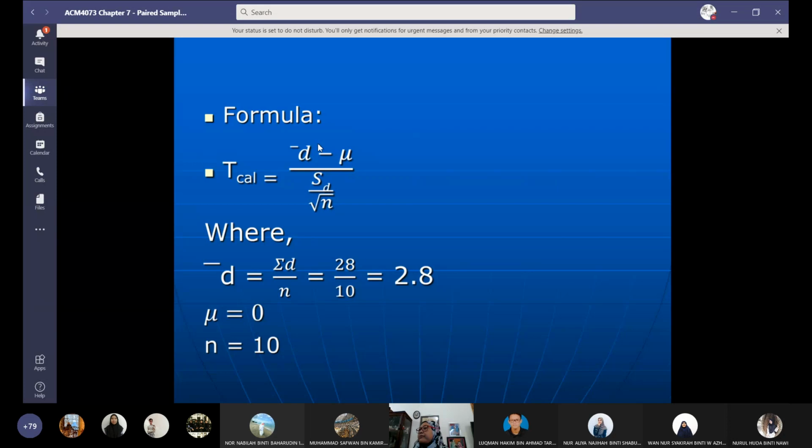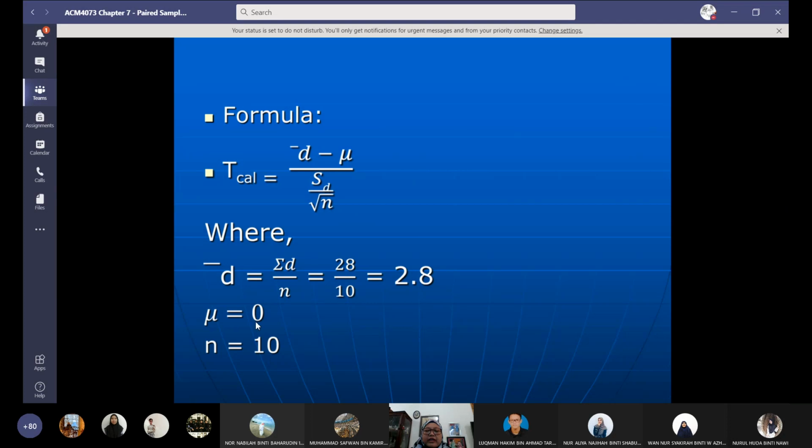So the D bar is equivalent to 2.8. Take away UD, which is 0. You can see here UD is 0.